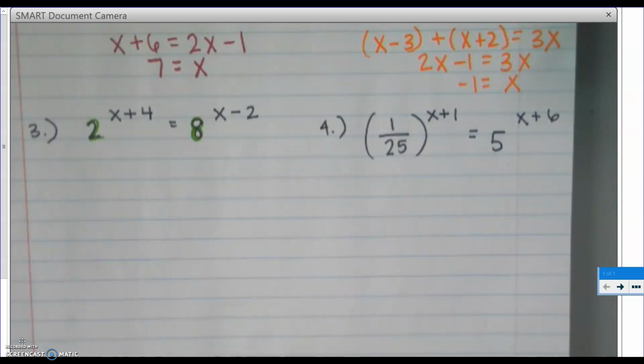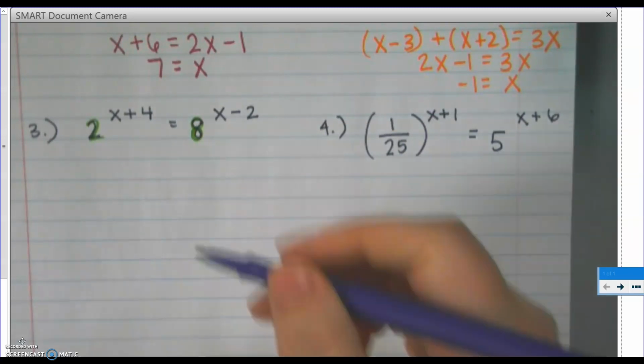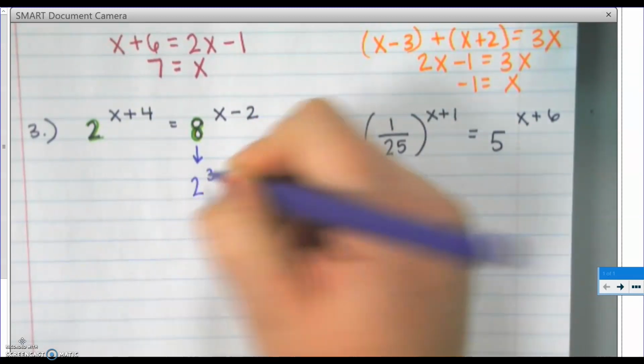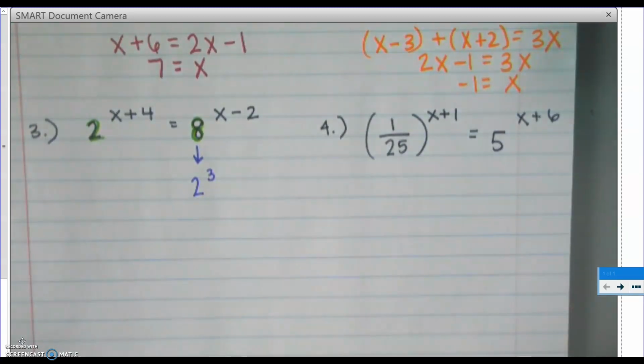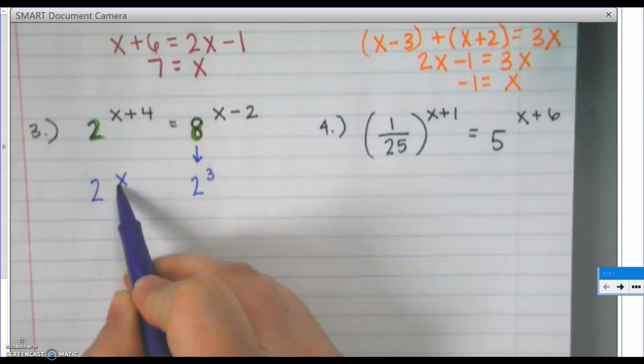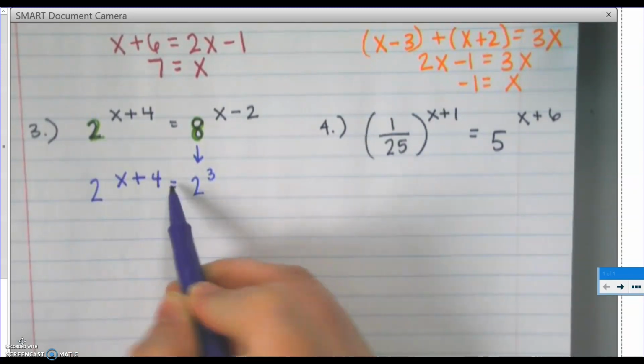So 8 is the same as 2 to the 3rd power. Those are equivalent to each other. So I can swap out the 8 with 2 to the 3rd power. I'm just going to drop that side down.